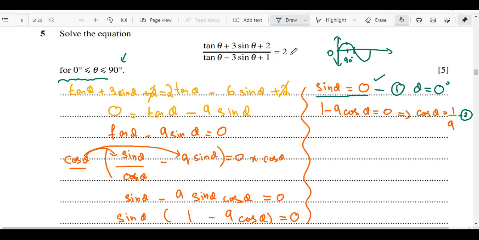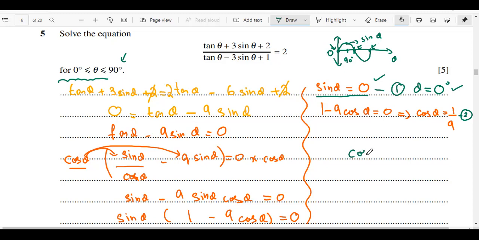This is 0, so you can just make the graph quickly and think about it. This is the graph of sine theta, with theta on the x-axis. Sine theta is 0 at 0 degrees, 180 degrees, and 360 degrees. 360 degrees and 180 degrees are not in the range. We only have 0 degrees in the range. So this would be the answer from the first equation.